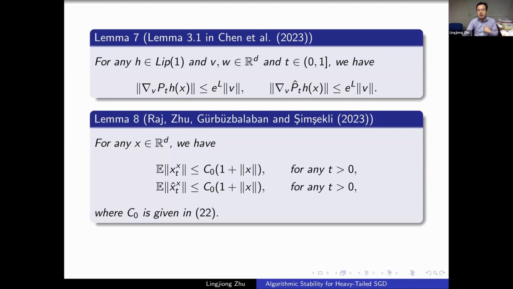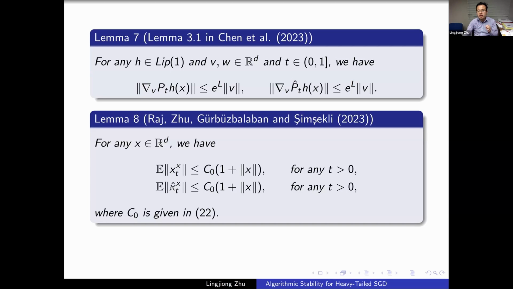And then the final technical lemma that we need is essentially some uniform in time bound on the expected value here. And then you need to make sure that the C0 here can have an explicit formula.